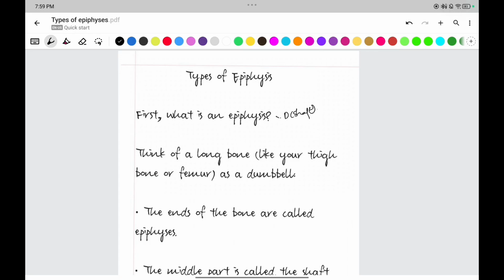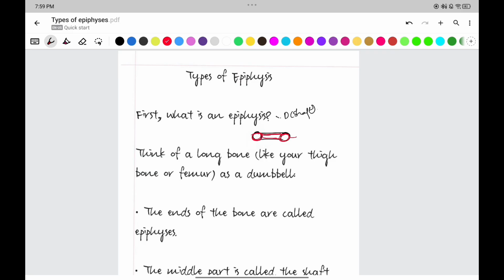Firstly, let us understand what is an epiphysis. Let us consider a long bone. Let us imagine it is a dumbbell shaped bone. This is the main part of the dumbbell and these are the side parts.